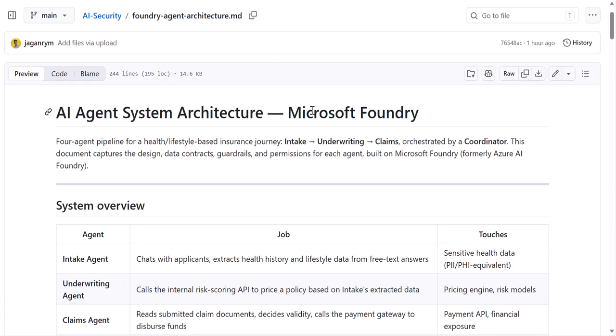This document captures the design, data contracts, guardrails, and permissions for each agent, built on Microsoft Foundry. But as I said again, our focus is on cybersecurity. Let's discuss the cybersecurity concepts and guardrails that we are going to build to make this entire system secure.